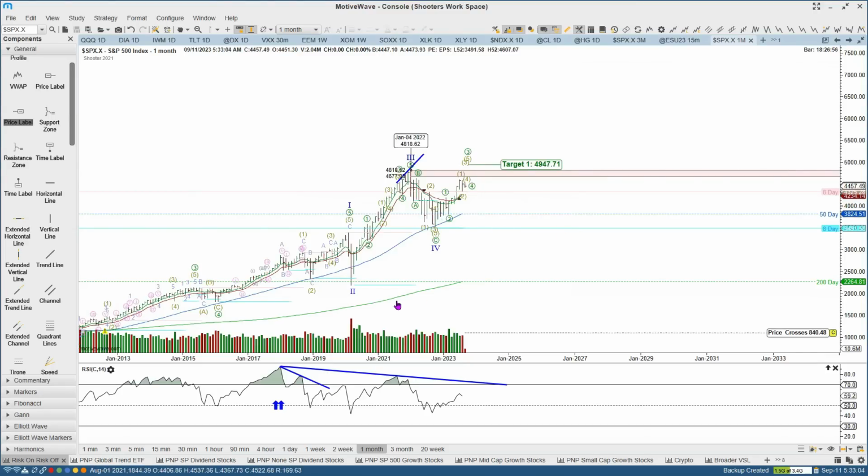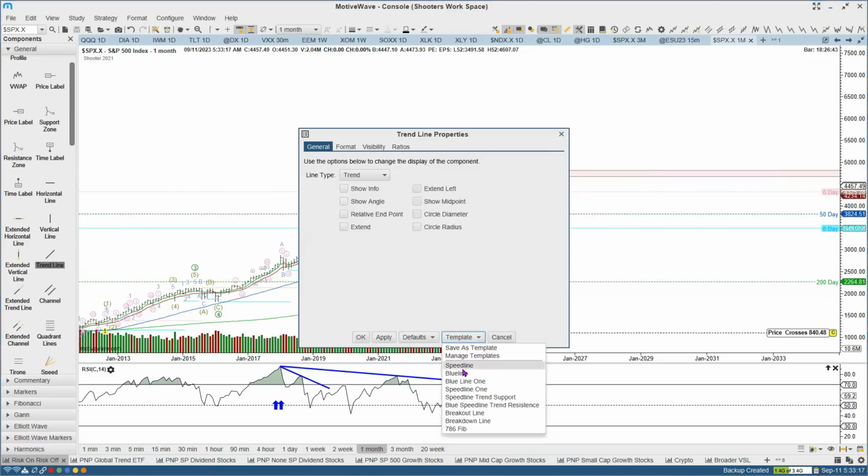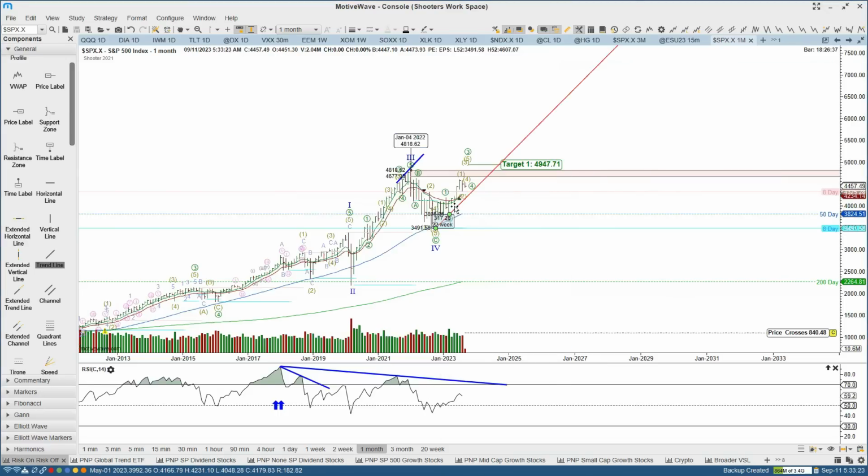Now, on this trajectory, I'm going to come in here and put a speed line on this new slope, because I think this becomes our new slope, which is much steeper than our prior slope we ran through a few minutes ago. So the way I'm looking at this, our current trend support is a close below 4160.39.